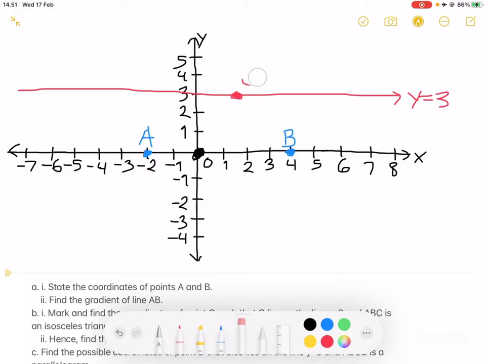So the question is, where should we slide C on the line y equals 3? For example, testing right here, right here, right here, and you can just move C freely as you want, such that if you connect the lines A, B, and C, it will form an isosceles triangle.